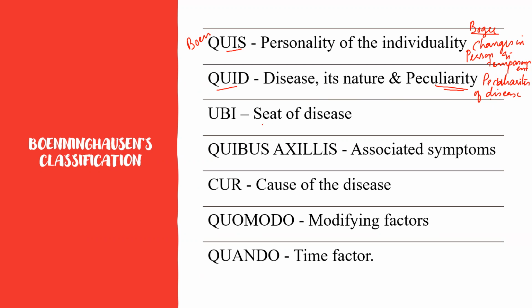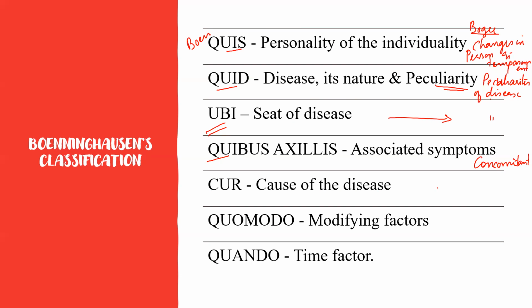Now, ubi, that is seat of disease. Same thing Boger has told, seat of the disease. Okay, next one is cubis auxilis. Cubis auxilis means associated symptoms, and in Boger's word, it is concomitant. Remember, concomitant. Next one is cur.